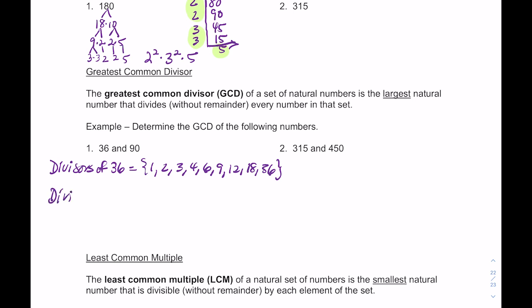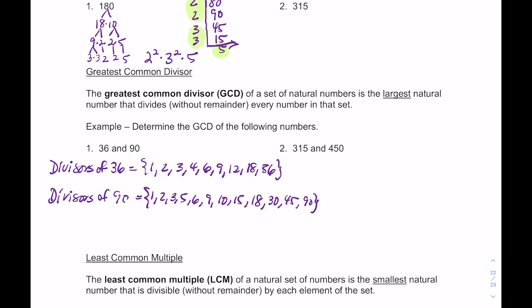And then you're going to have a longer list now of the divisors of 90. So what numbers will divide into 90? 1, 2, 3, 4 does not, 5 does, 6 does, 9 times 10, 6 times 15, 5 times 18 will work, 3 times 30, 2 times 45, and 1 times 90.